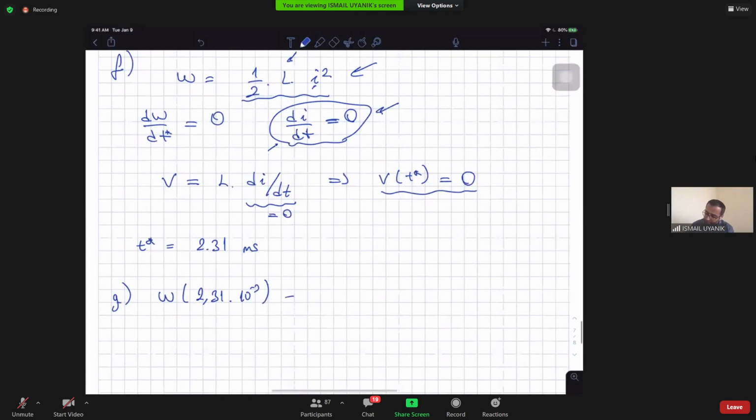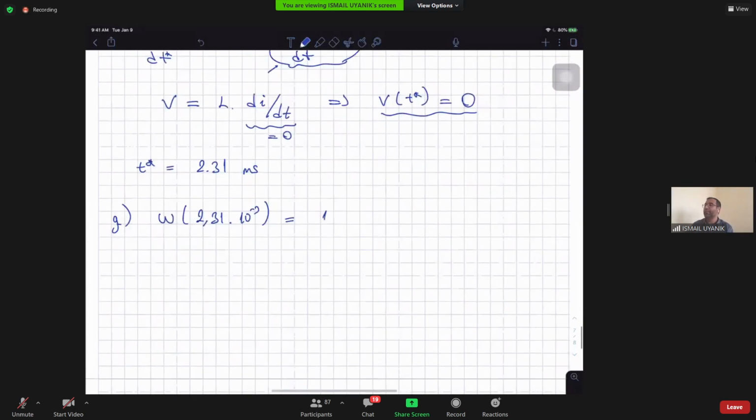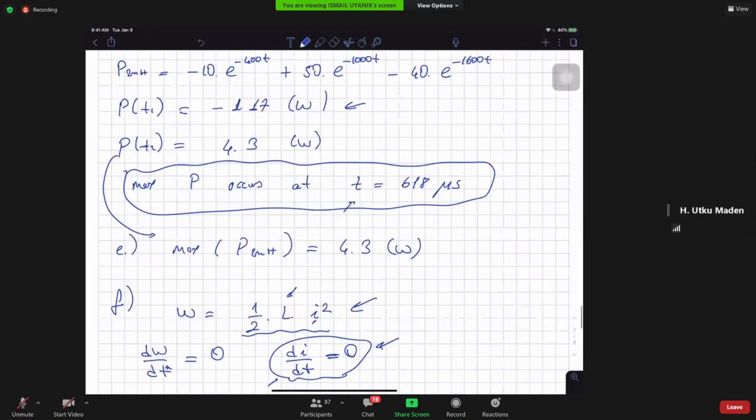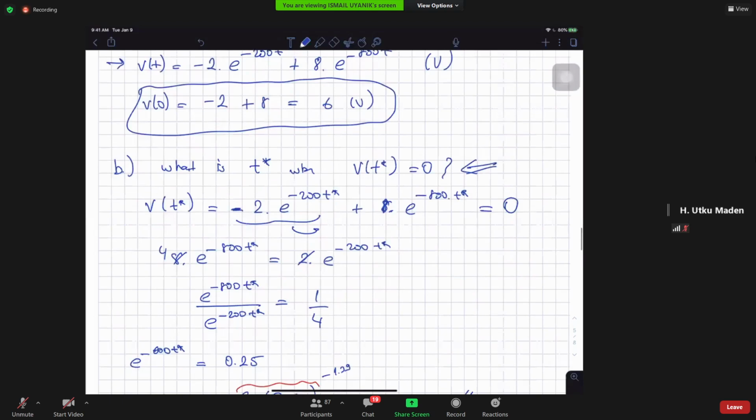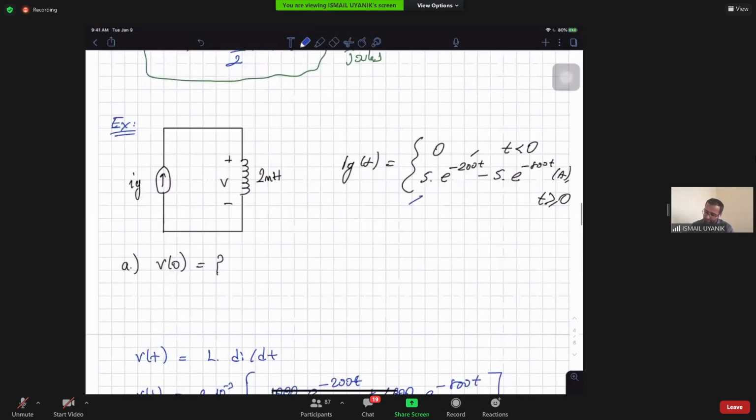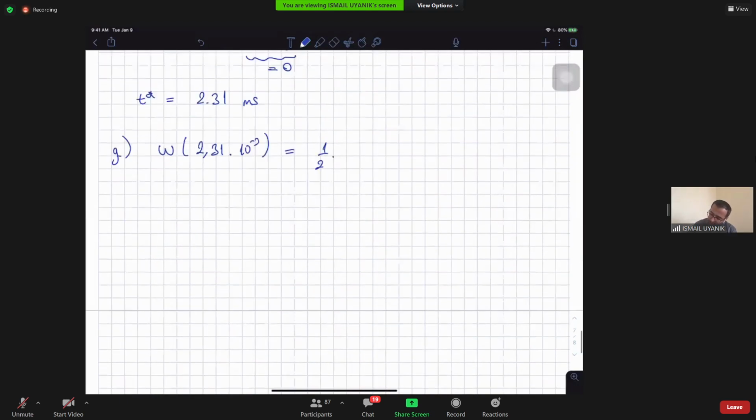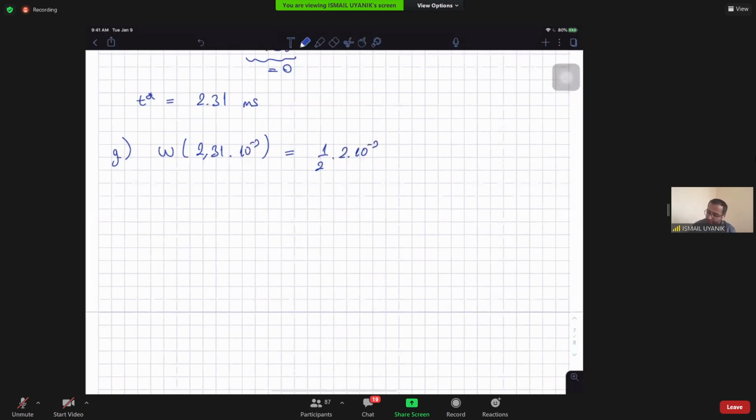So I need to calculate 1/2 times, what was L, our inductance? 2 millihenries. Okay, 2 millihenries. So this will be 2 times 10 to the minus 3, and then I will be calculating the I squared, so that will be my answer.